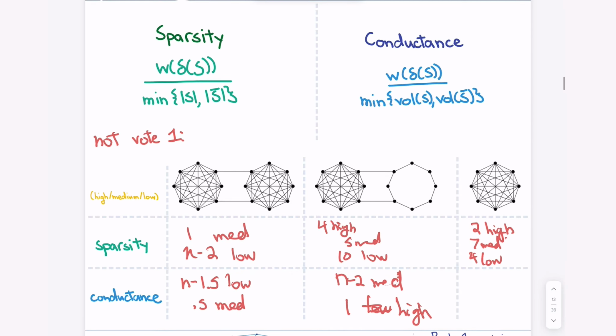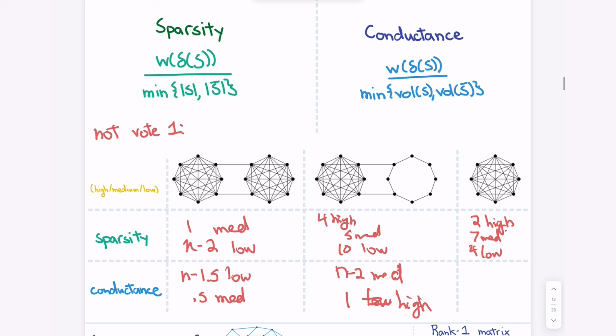Similar to sparsity, there are some distinctions. We'll walk through some examples to get some feel for it. If it's a regular graph, where everyone has the same degree, then they're going to be the same up to some fixed ratio.